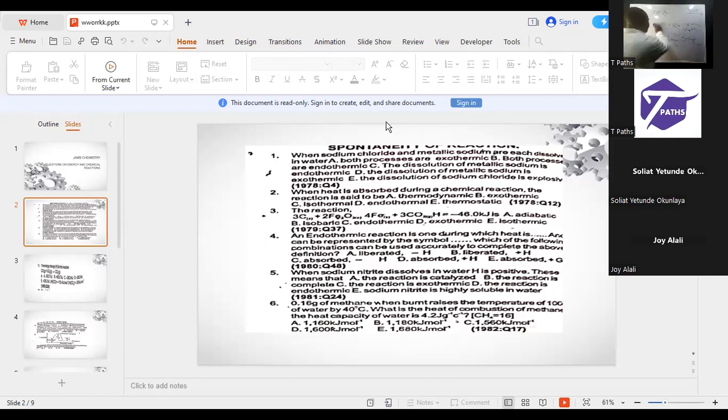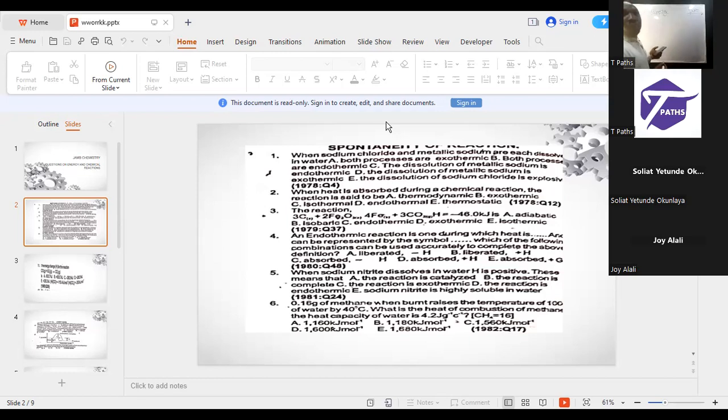So in this case, we are told that 0.16 gram of methane, when burned, raises the temperature of 100 gram of water by 40 degrees Celsius. What is the heat of combustion of methane? The specific heat of water is 4.2.